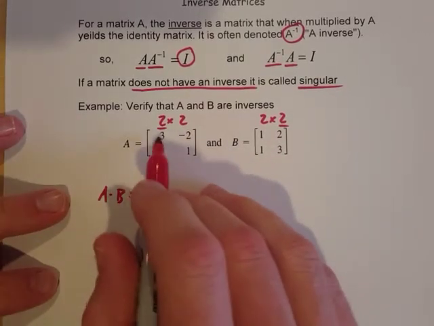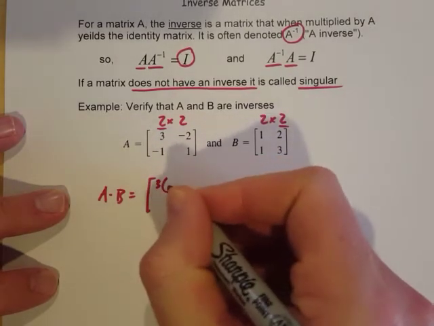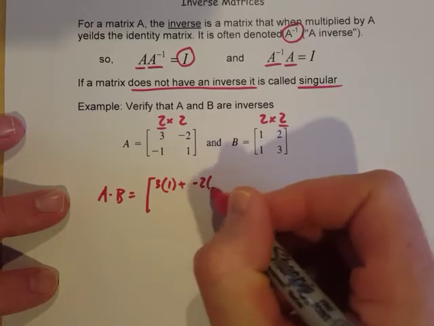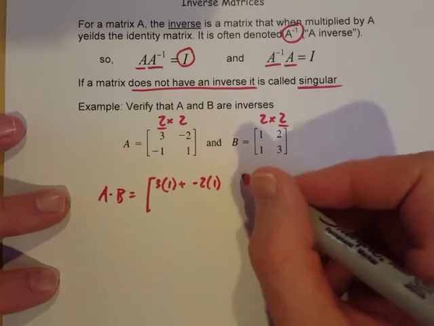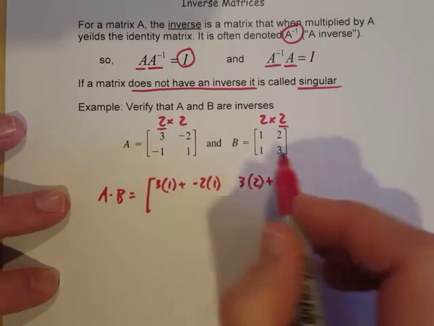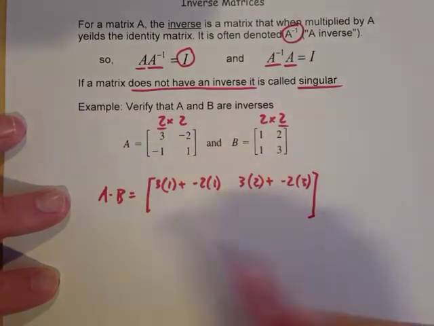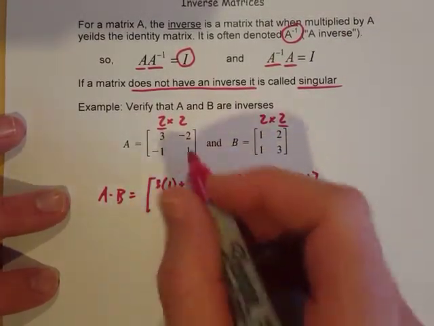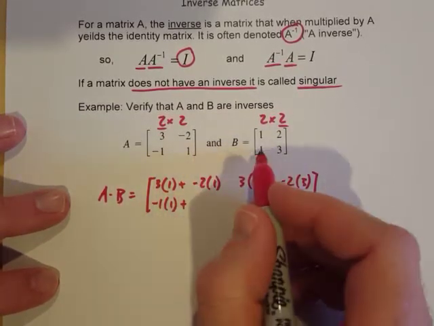So we'll start here, row 1, column 1. 3 times 1 plus -2 times 1. Then row 1, column 2, 3 times 2 plus -2 times 3. All right, down to row 2. Row 2, column 1, -1 times 1 plus 1 times 1.